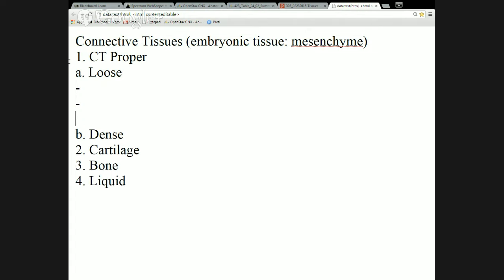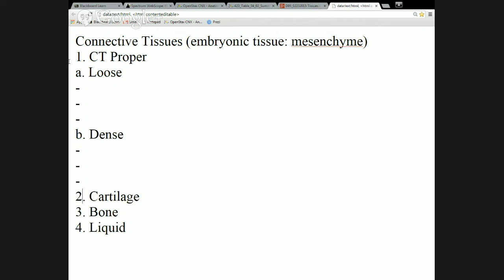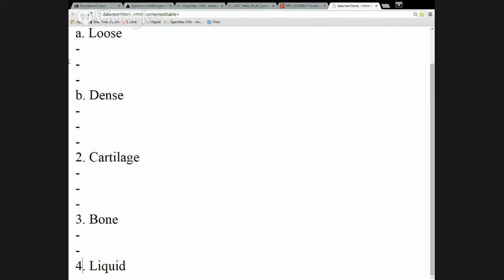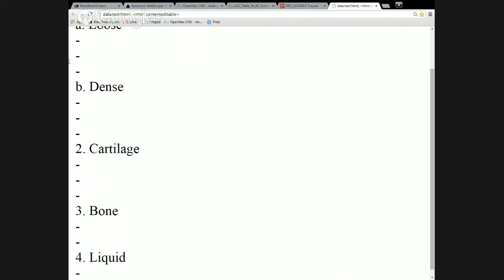There are 3 types of loose connective tissues, and there are 3 types of dense connective tissues. And then under cartilage, there are 3 types of cartilage. Under bone, there are 2 types of bone. And then liquid, really there's only 1 type of liquid connective tissue.